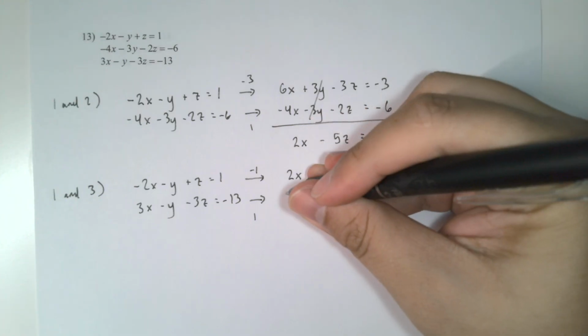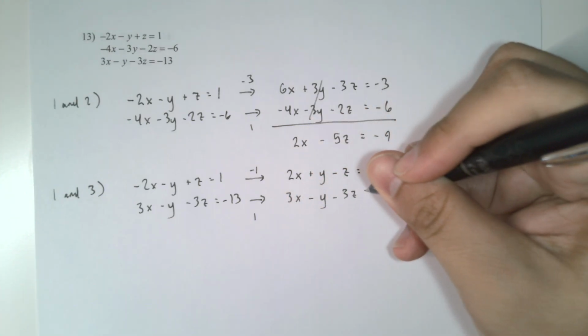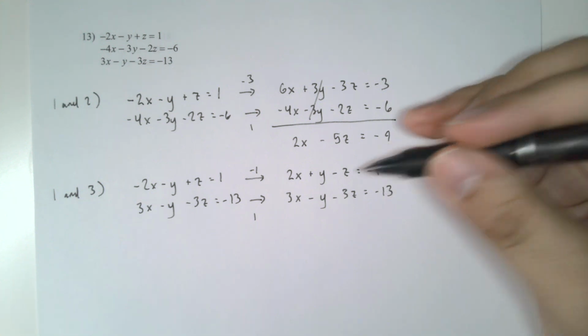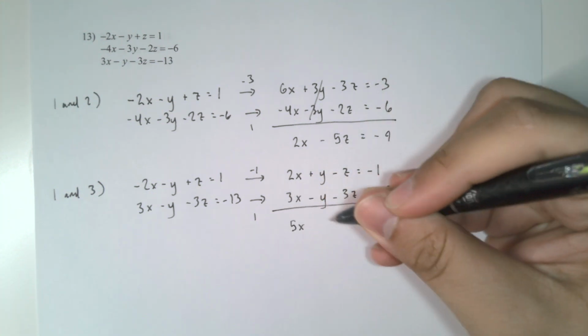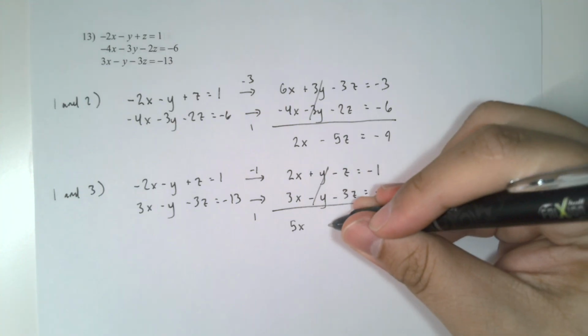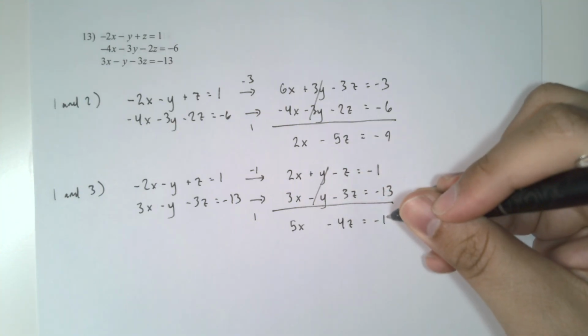Keeping the bottom one the same, we have 3x minus y minus 3z is equal to -13. If we add these two together, we're going to get 5x, the y's cancel, minus 4z is equal to -14.